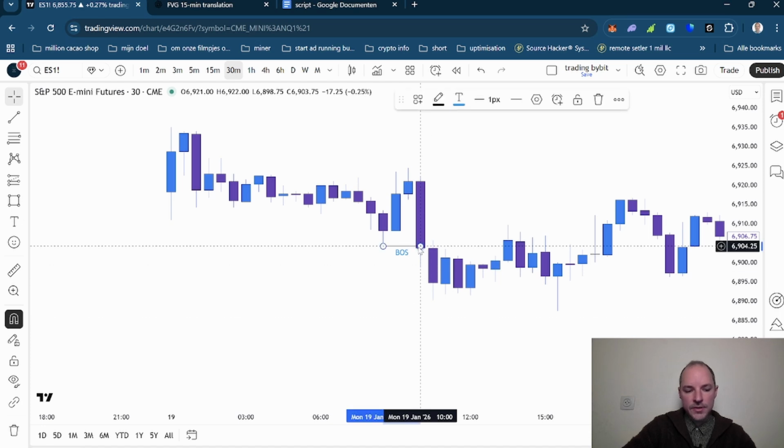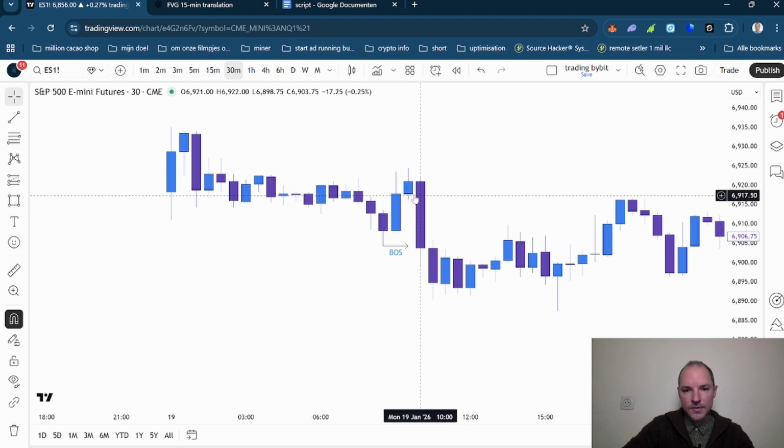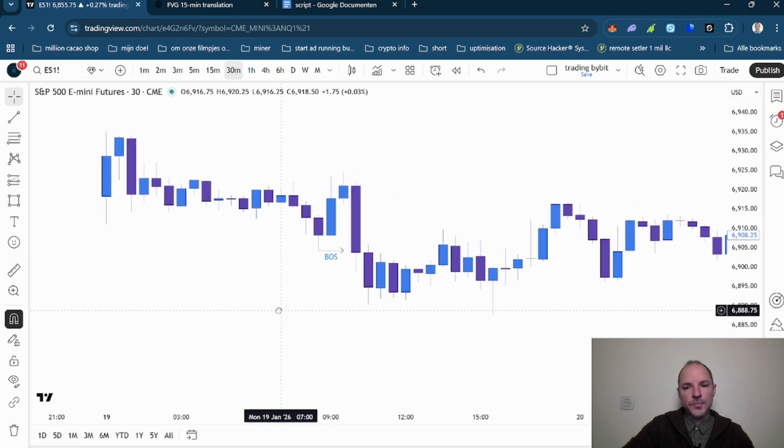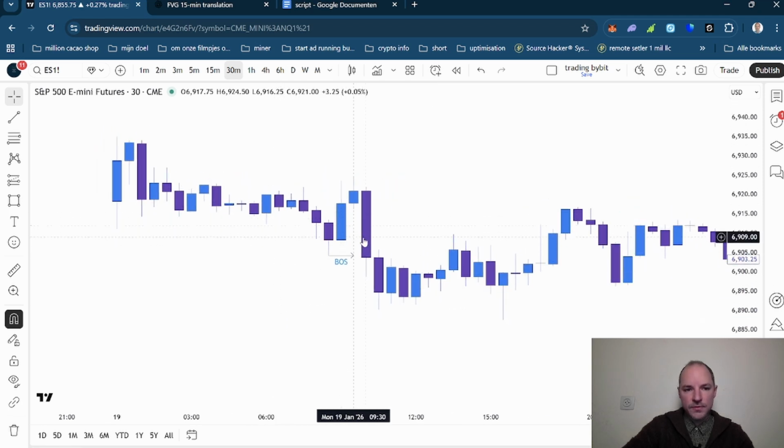After we have done this break of structure, we take a look if we have a 15-minute fair value gap. What do we see? We have a 15-minute fair value gap right here. Great. Now, how do we know if this is a good fair value gap, yes or no? The easy way is we have a break of structure, so that says we have a good fair value gap.